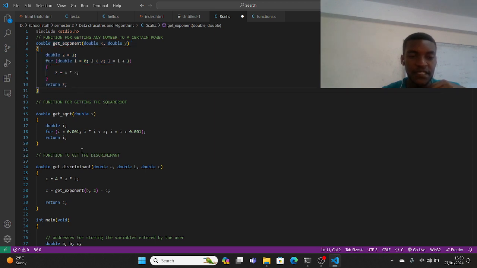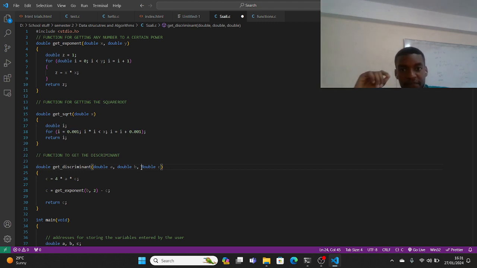Then the function for getting the square root, I called it get square root. Well, before I go any further, there's a word here, double, which you can see I've used a lot in my code. Double is another form of data type that is basically the same as float.